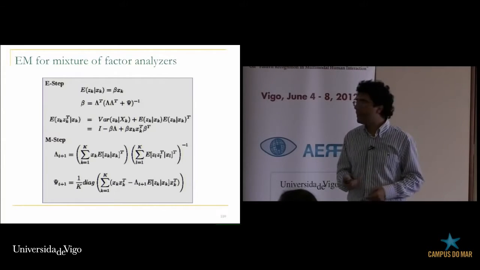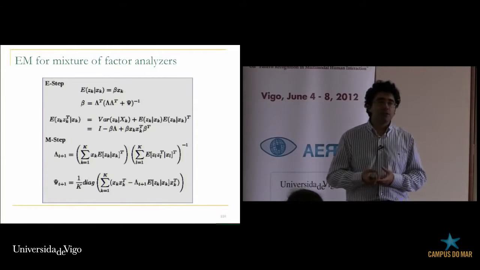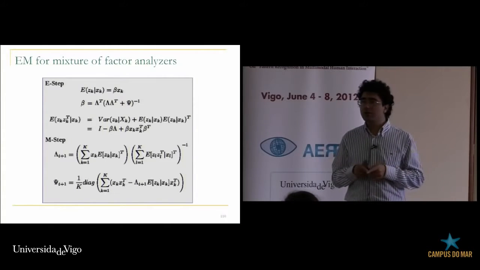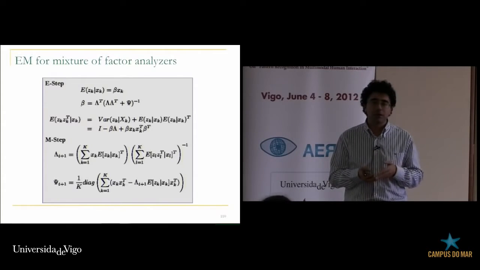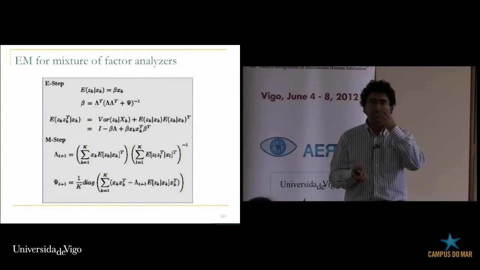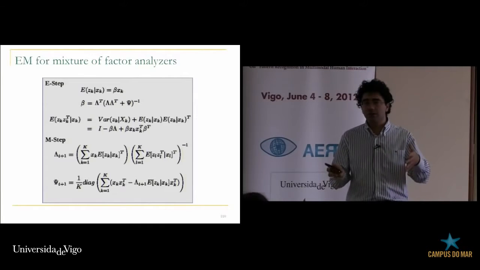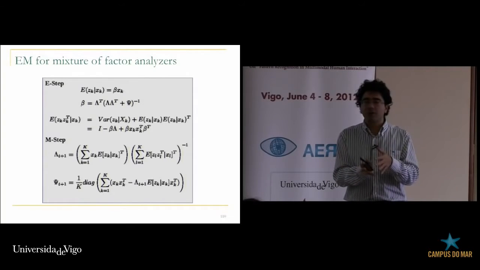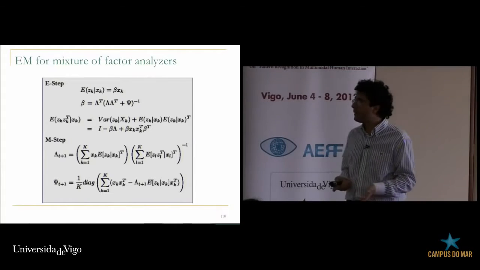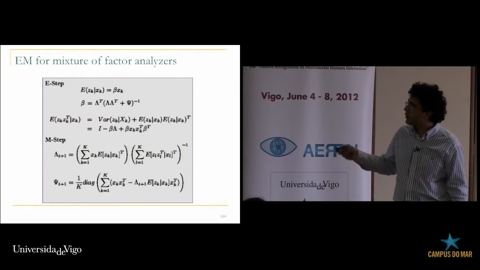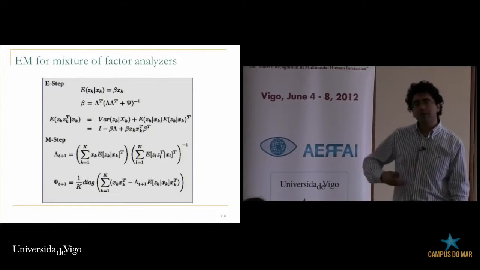K-means assumes a spherical covariance because you're using the Euclidean distance, so every dimension contributes equally. Replace this with a Mahalanobis distance, where covariance structure comes into the picture, and you obtain a Gaussian mixture model. Very simple.